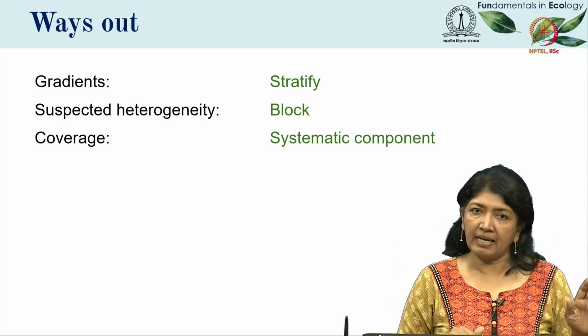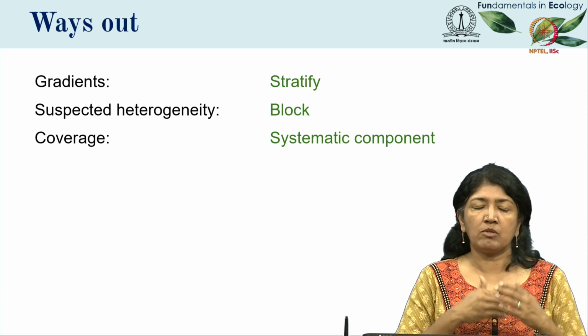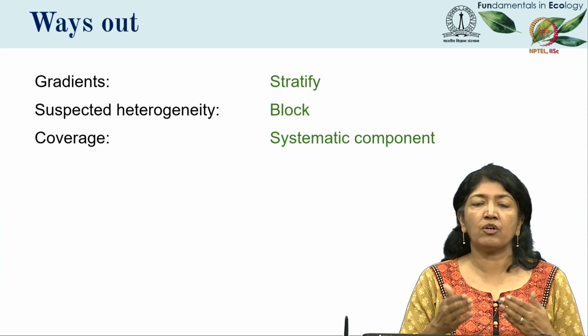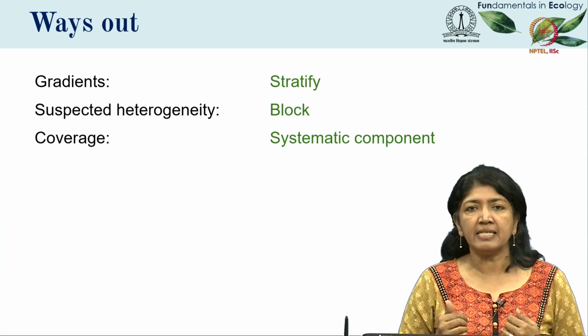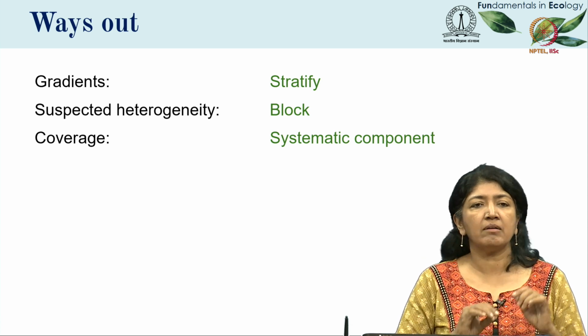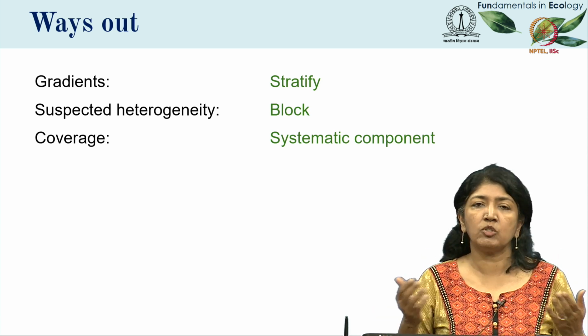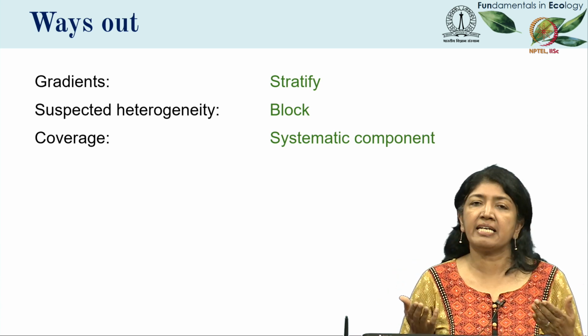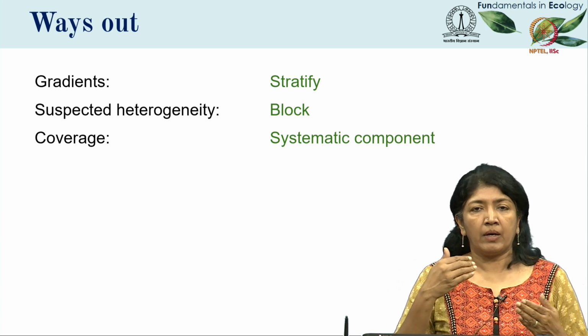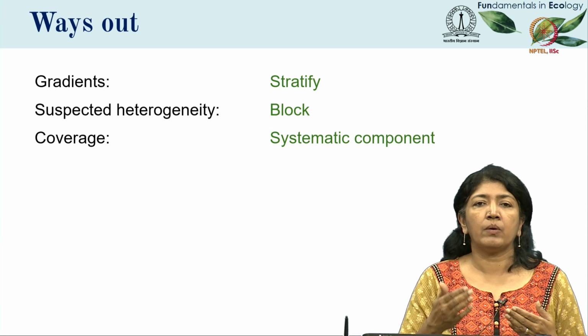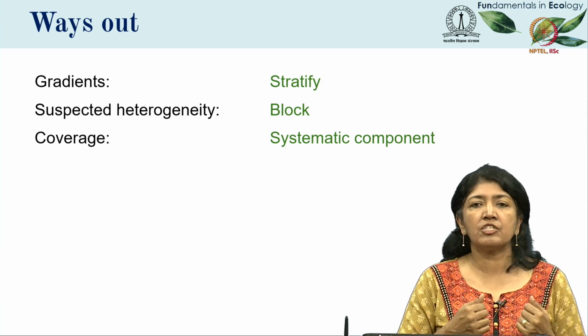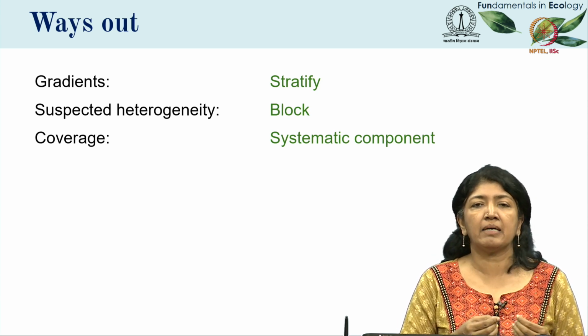So, for example, in the grassland case, where I was interested in looking at the effect of grazing on plant communities, if I choose locations at random, maybe certain areas of the grassland never get sampled. So, another way to carry out sampling is to bring in a systematic component.